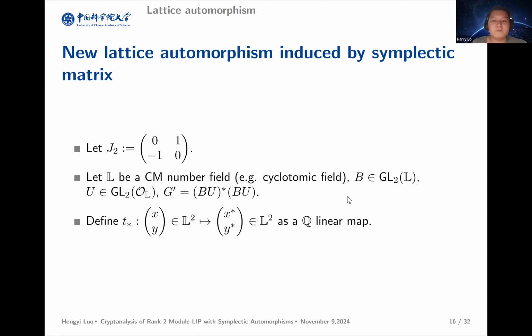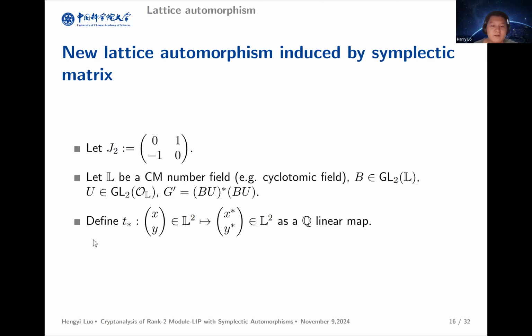To show this automorphism, first we introduce some notation. First, let J_2 be a matrix which has the form of a symplectic form matrix. And let L be a number field, such as a cyclotomic field, and B in GL_2 over L, U in GL_2 over O_L, G' equals (BU)* times BU.